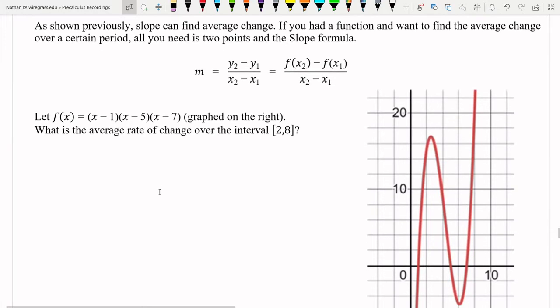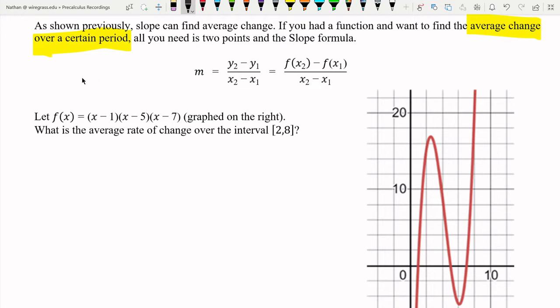Okay, slope is an average change. If you have a function and you want to find the average change over a certain period, this could be any kind of function, not a linear function, but any kind of function, all we have to really do is use the slope formula.